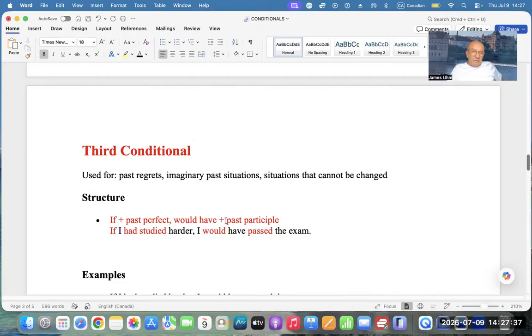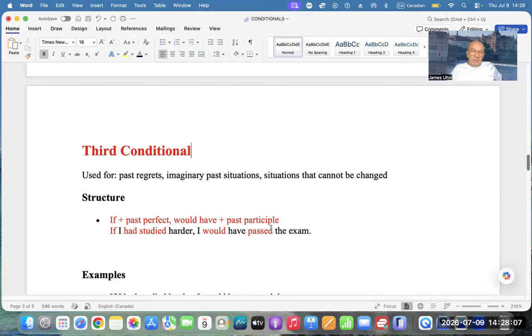We don't have over here present perfect plus participle. We have past perfect over here, which is had plus studied. But here we have past participle with present perfect. So we cannot have over here present perfect. We have to have only past participle.